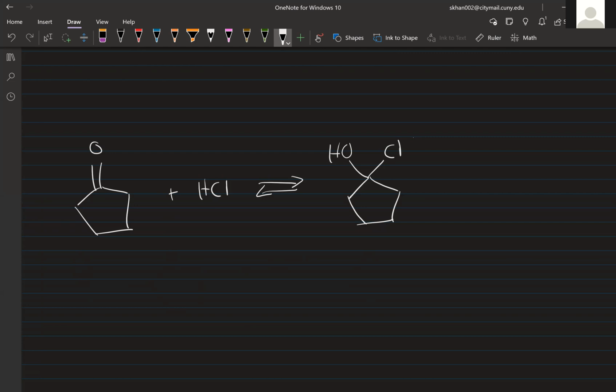So for the most part, all those mechanisms are going to start off with protonation of your carbonyl, which makes sense because if you protonate it, it's going to put a positive charge on the oxygen. Oxygen is going to withdraw electron density from your carbon, which is going to make that carbon more electrophilic. So that's why a lot of these are acid catalyzed, because it helps the reaction. So just draw out the bond here. Right, so we could start off with our protonation.